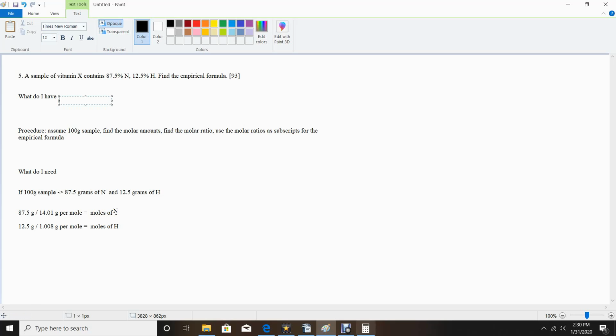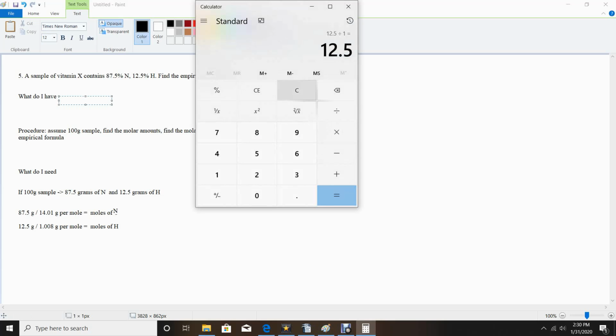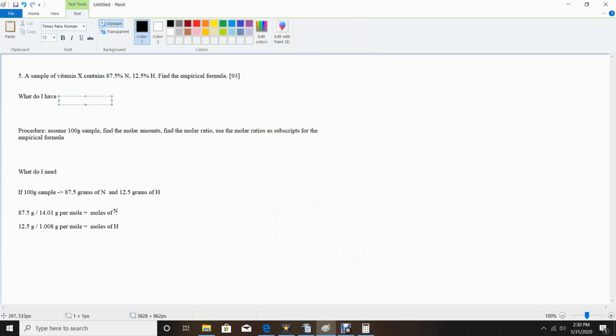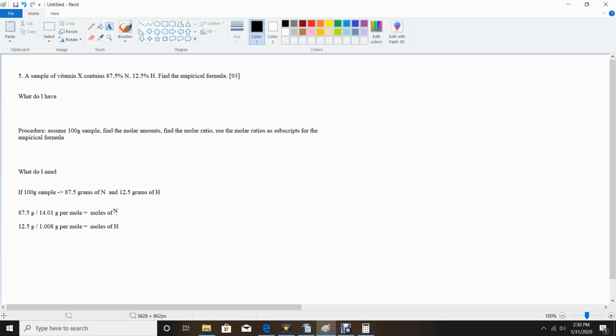87.5 grams. So the number of moles of nitrogen is going to be 6.2, we're going to call that 6.25. 6.25 moles of nitrogen.